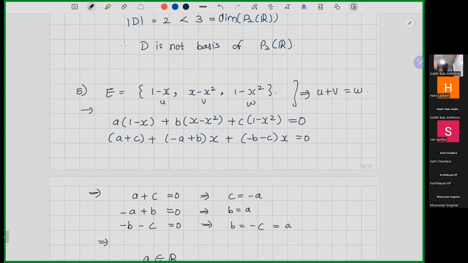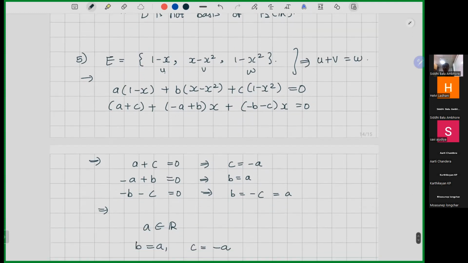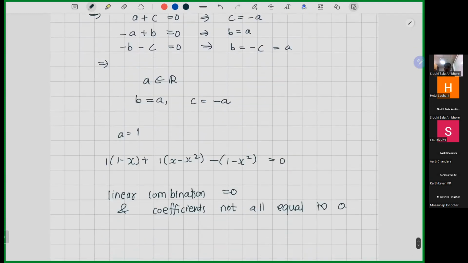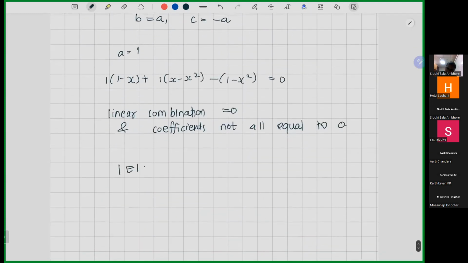That's why this set was a linearly dependent set. So even though the cardinality of E is 3, E is a linearly dependent set. Therefore, E is not a basis of P2(R).